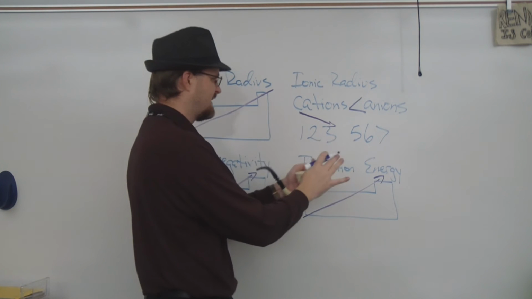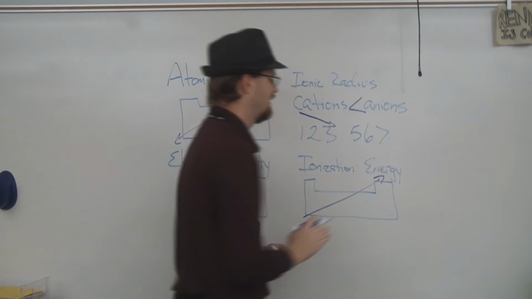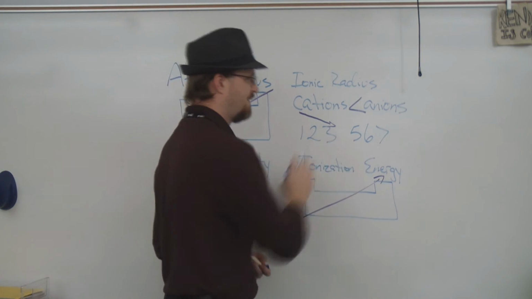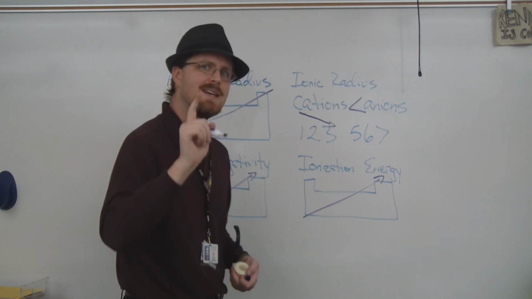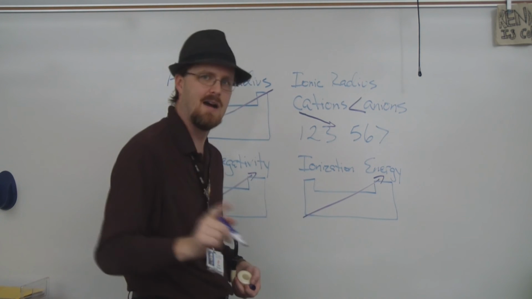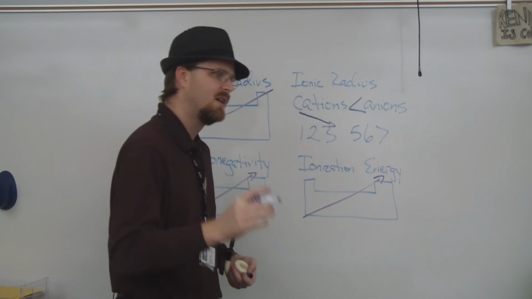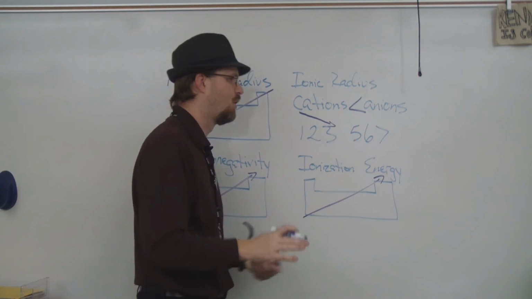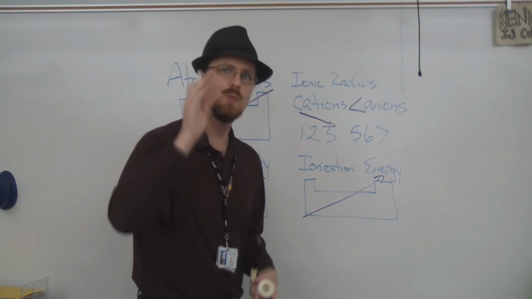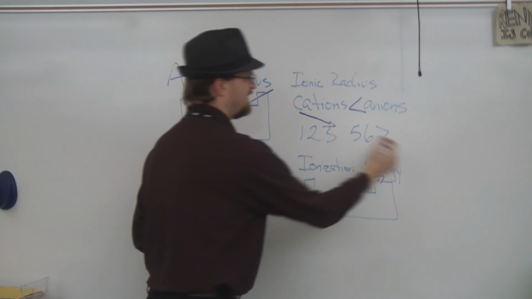Alright, last code to decipher, 5, 6, and 7. Well, I wonder why there's no 4. Right, because in group 4, not every atom becomes an ion, so we cannot look at that. And there is no group 8 because group 8 are the noble gases and therefore are already stable and form no ions. Yes, brilliant. All right, so 5, 6, and 7.